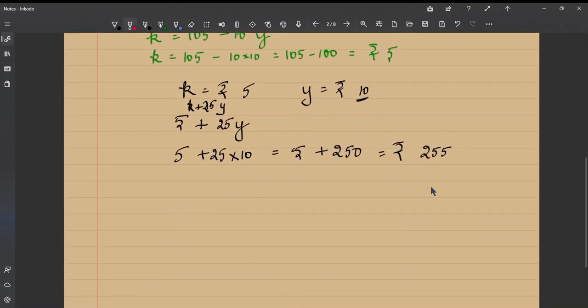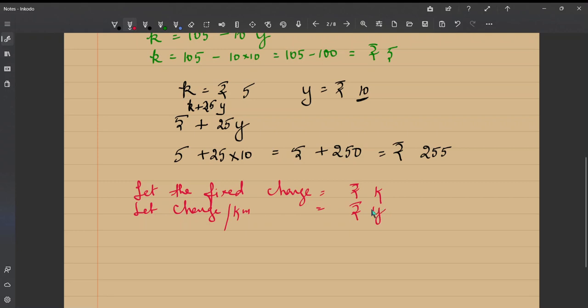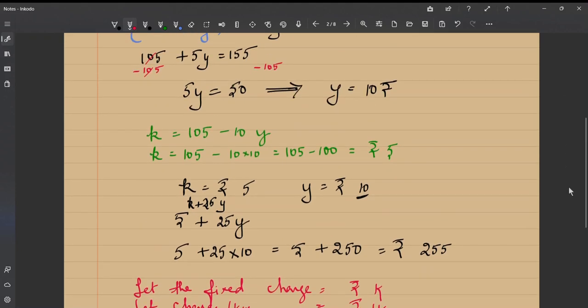You understood the problem basically. Statements are very easy. Let the fixed charge be equal to rupees K. Let charge per kilometer be equal to rupee y. Now frame the equations like before, isn't it?